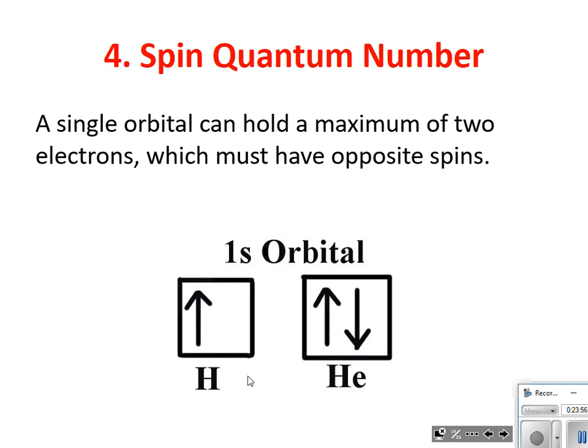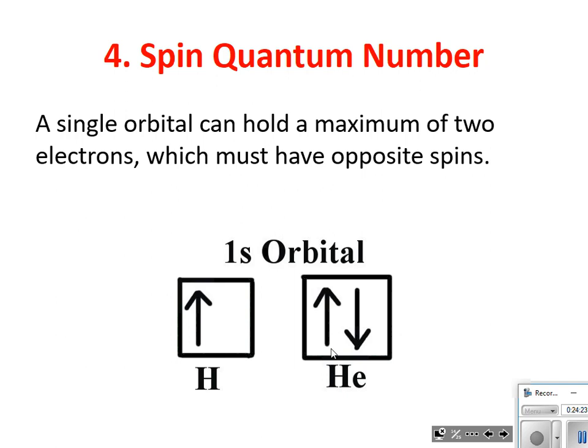Here is the first energy level. What type of sublevel is it? S sublevel. So, the orbital here is an S orbital. How many electrons are on this S orbital right here? 1, because it's got 1 arrow. Now, here's another S orbital.